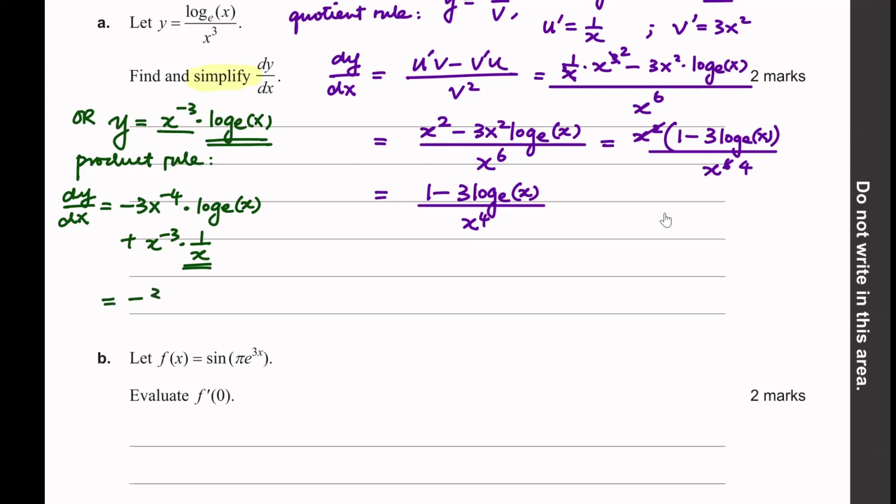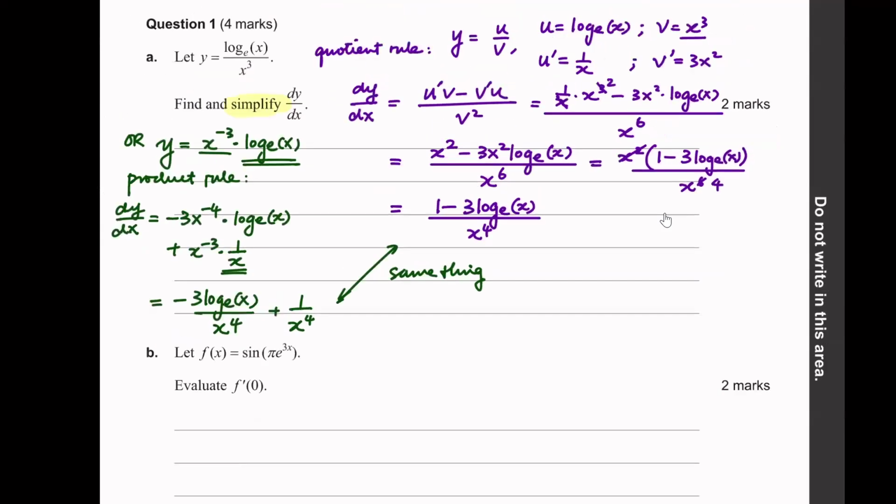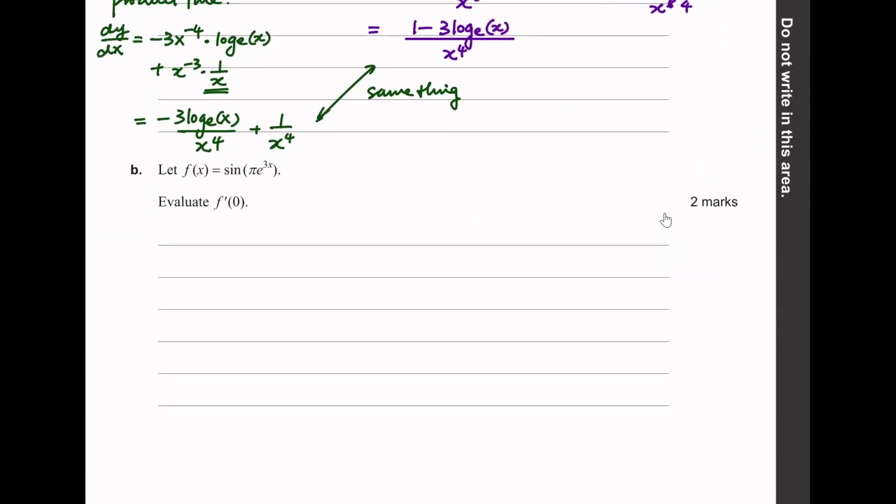So eventually you get minus 3 log e of x divided by x to the power 4, plus 1 over x to the power 4, because 1 over x to the power 3 times 1 over x is just 1 over x to the power 4. Eventually it's the same thing. The question says simplify, so try to keep your answer to one single term or two terms, the simplest, but the question didn't say one single term. I don't know. Anyway, next one.